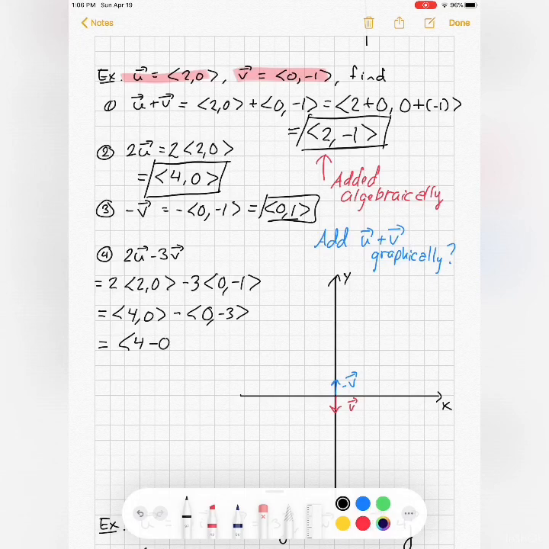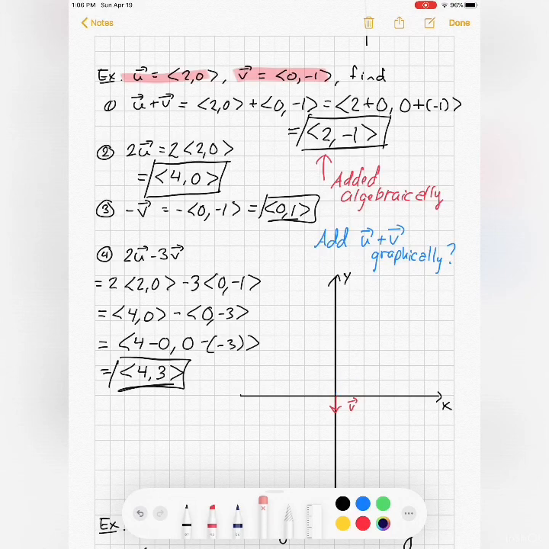Okay, 4 minus 0, 0 minus -3. Looks like 4, 3. Okay. So, I mean, I could graph that, just go right 4 and up 3.